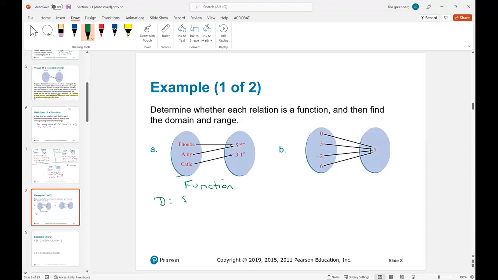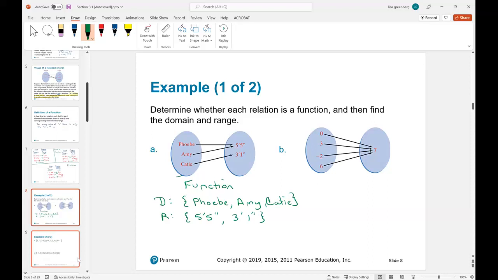So in my domain, I have Phoebe, Amy, and Katie. And then in my range, I just have 5 feet 5 inches and 3 feet 1 inch. So there's my domain and range. This is a function and all is good.